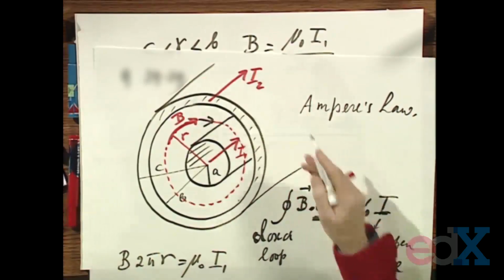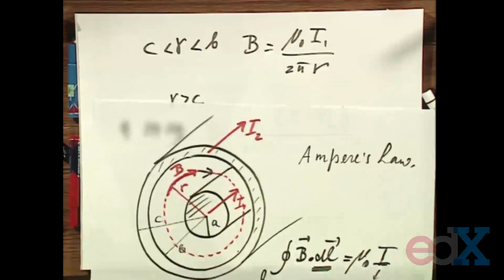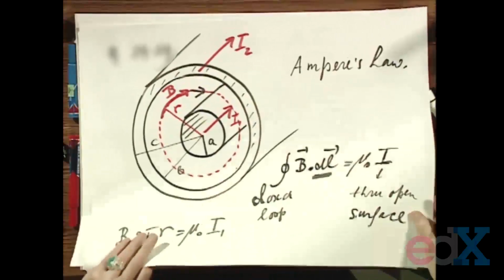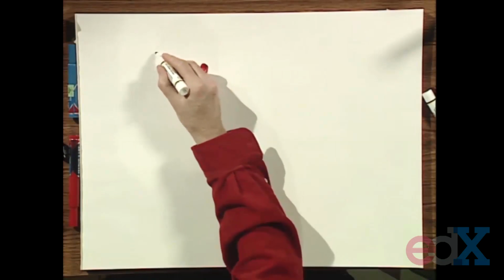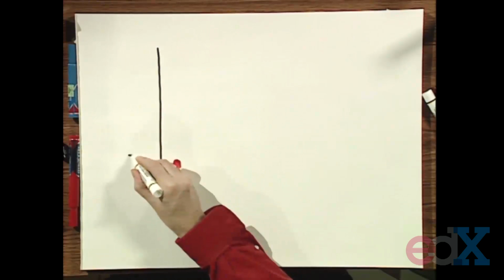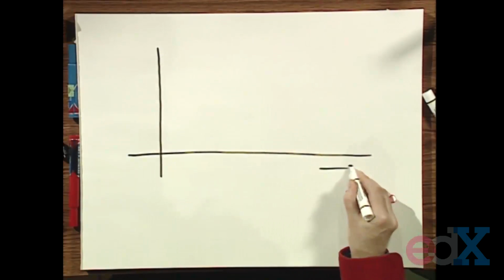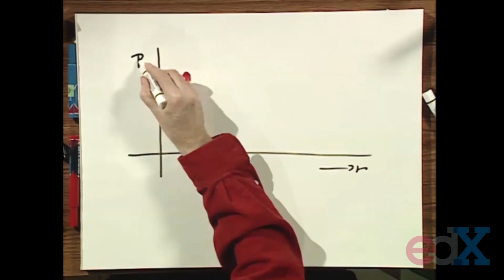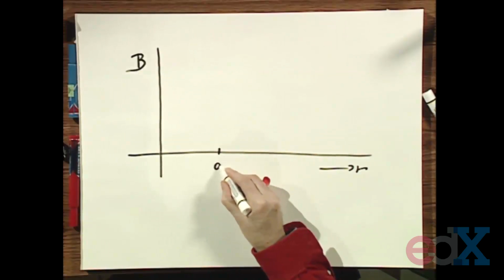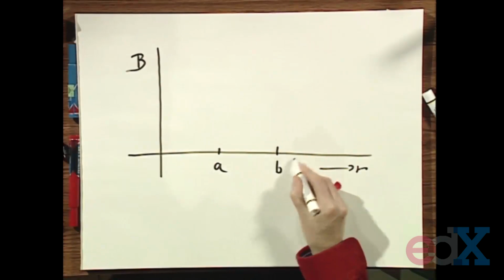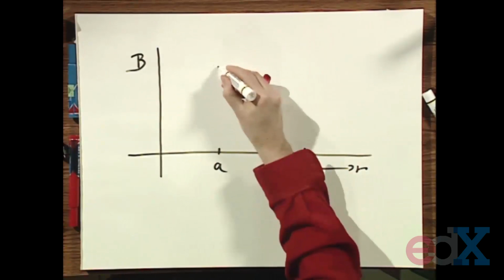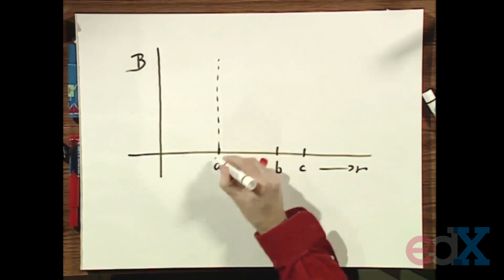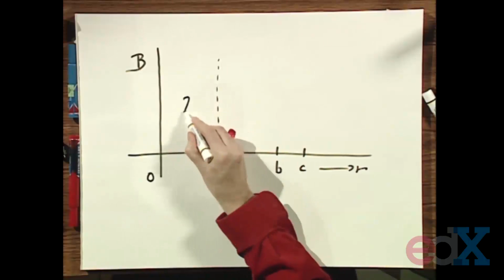I'd like to make a drawing, a graph, which is always nice. B versus R. Here is R, here is B. Let this be A, let this be B, and this be C. Now, what happens from 0 to A is a big question mark.